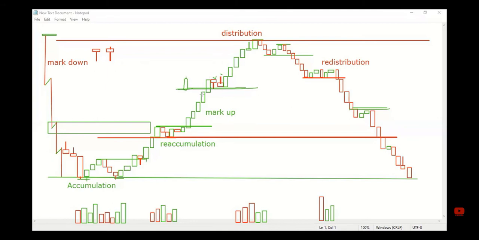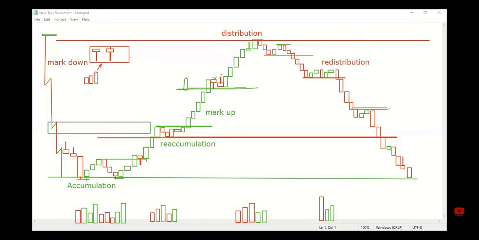So when we see this hammer candle, suppose this one is our hammer candle, I'm drawing it first here. This candle's volume must be high like this, and any of these candlesticks' volume like this.